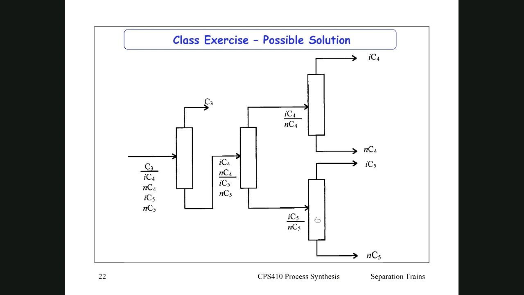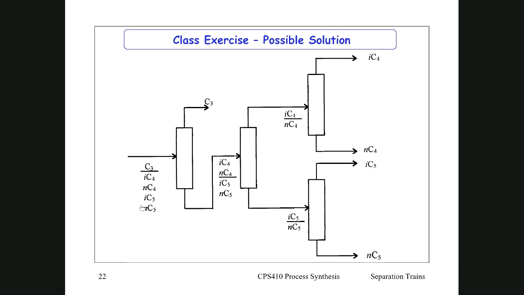But when we as a class looked at what would be a good sequence to use, we thought that the first separation would be here between N4 and C5. And if we did that, then we would have a 3-component system at the distillate of that column, and a 2-component system stream at the bottoms of that column.